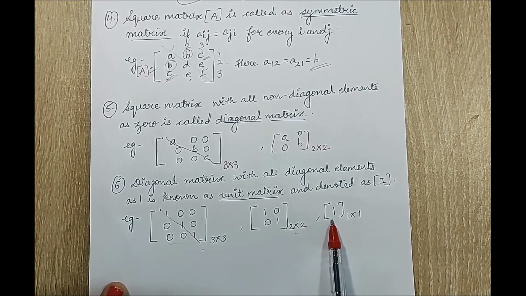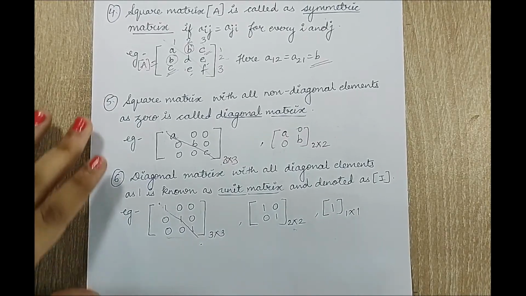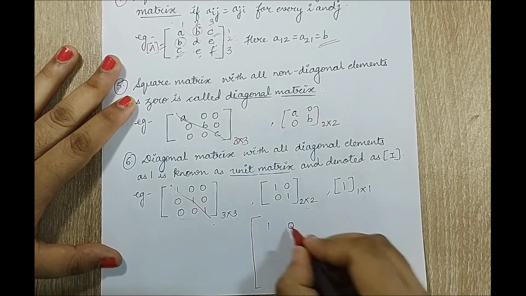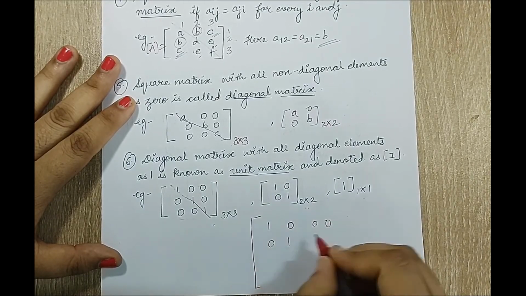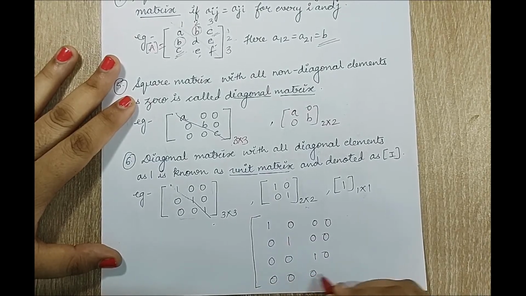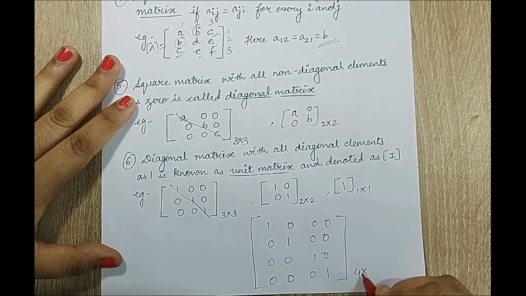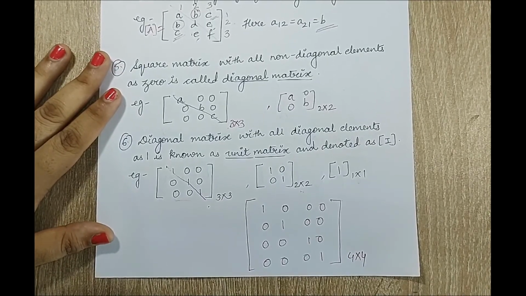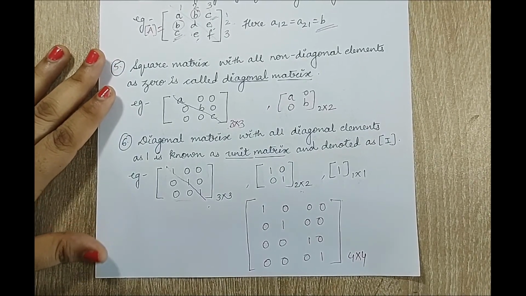So this is a diagonal element. Rest of the elements are 0. But here there is only one element. If you want to write a 4 by 4 matrix, it will be something like this: 1, 0, 0, 0, 0, 1, 0, 0, 0, 0, 1, 0, 0, 0, 0, 1. So here is a 4 by 4 diagonal matrix. And likewise you can continue writing for n number of diagonal matrices.